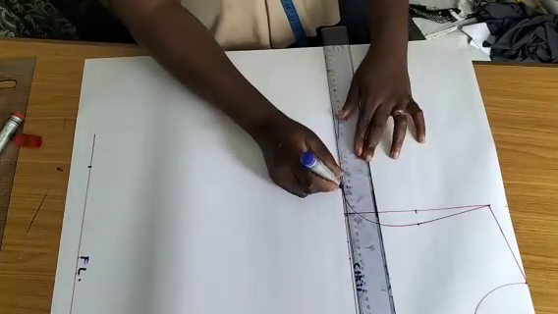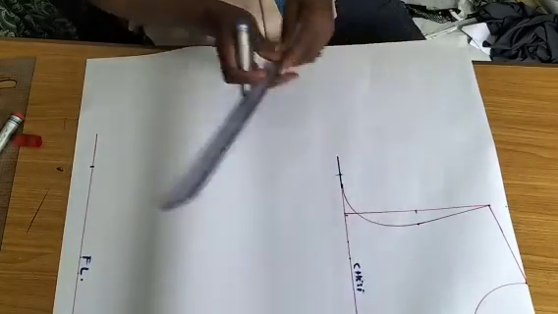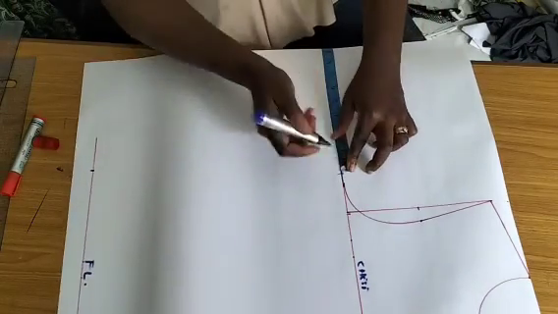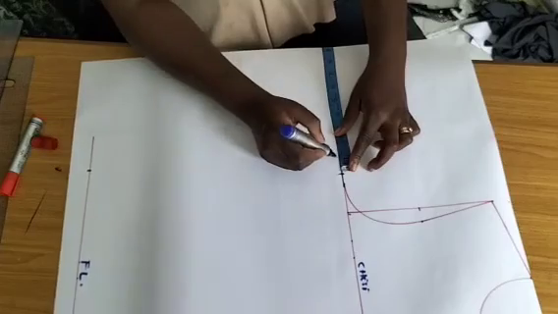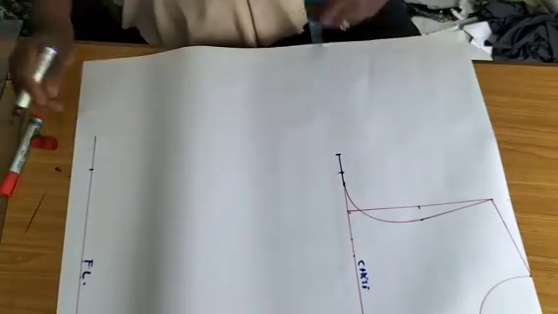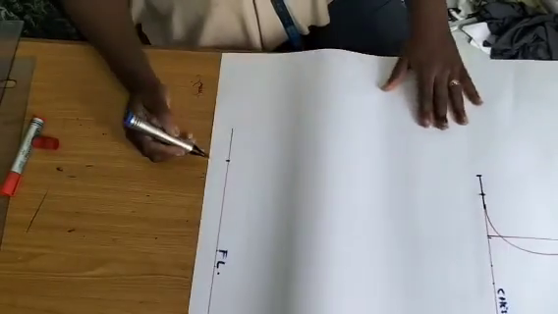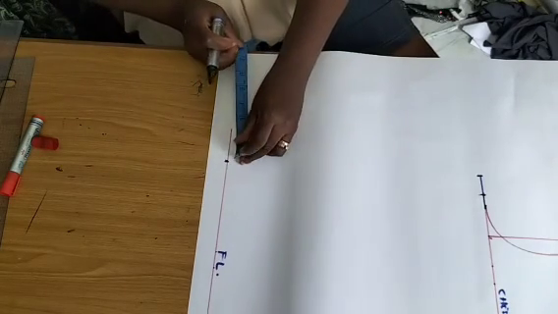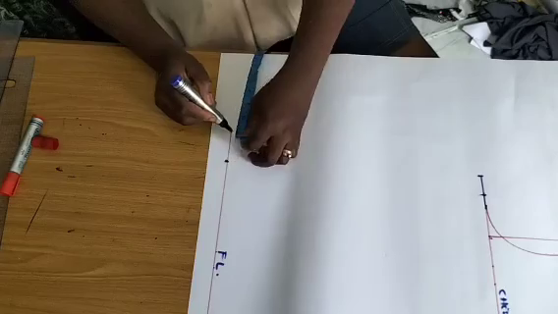For this particular free dress we are making, we are going to add 1 inch on the chest line. So from my bust circumference divided by 4, I'll add 1 inch. And on my full length, from my hip measurement divided by 4, I'll be adding 2 inches.